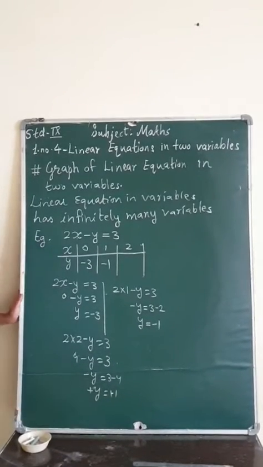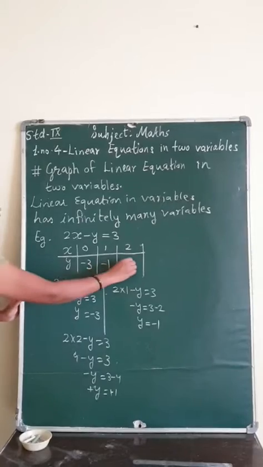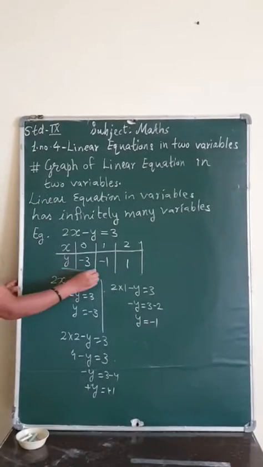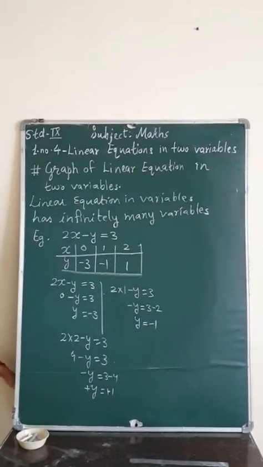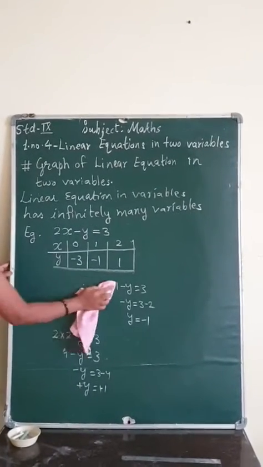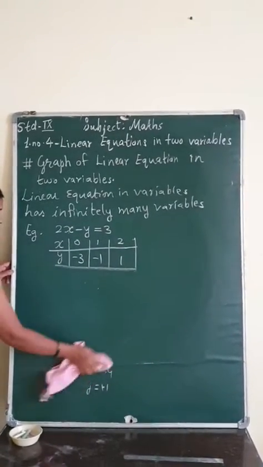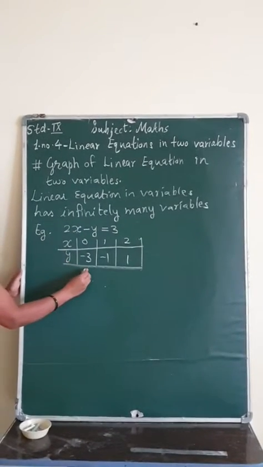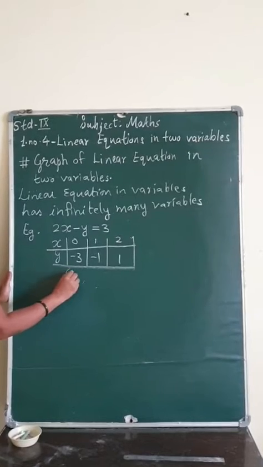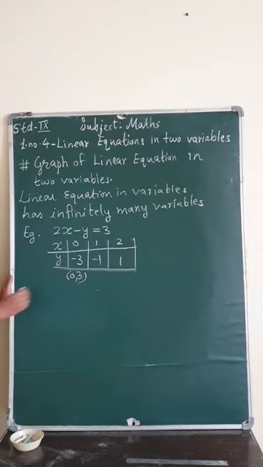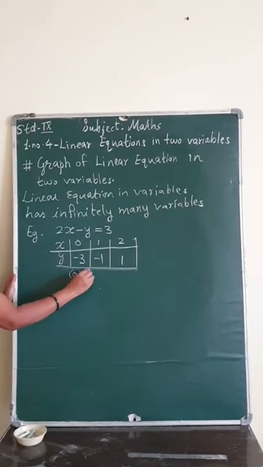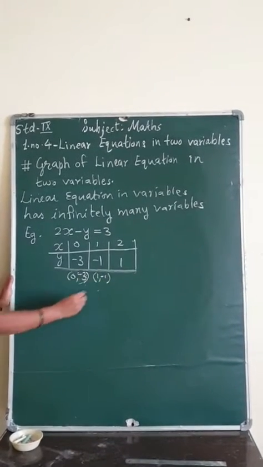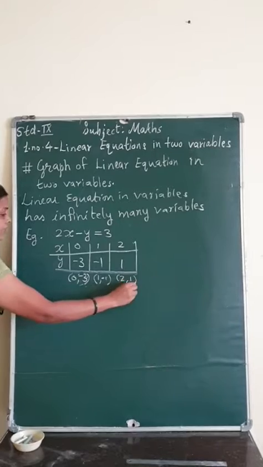The minus signs cancel, so here we get y is equal to 1. This is how we found three solutions for the equation 2x minus y is equal to 3. We can write these solutions in the form of (0, minus 3), (1, minus 1) and (2, 1).